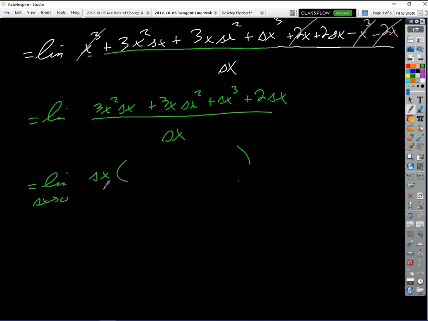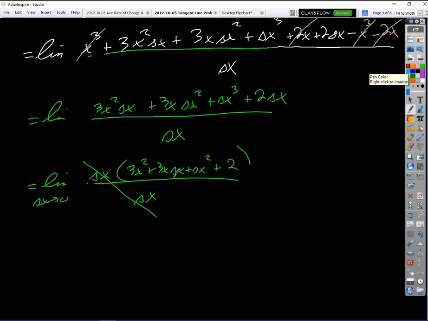And what's left behind if I do that? 3x squared plus 3x delta x plus delta x squared plus 2 over 1. Right? Okay, here's my vertical cancellation, right? So I'm left with just this expression, and now I can evaluate my limit.